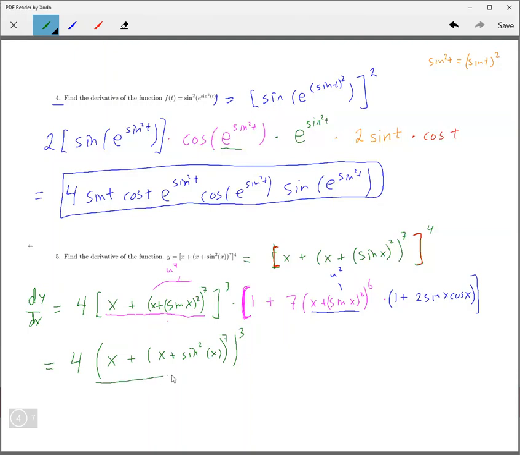Okay, but these parentheses go with each other. Okay, then multiply by all this: 1 plus 7 times (x plus sine squared x) to the 6th. And then just this term is multiplied by this. And parentheses there. Okay, so that should work.